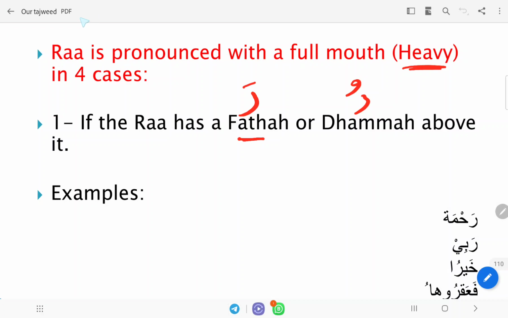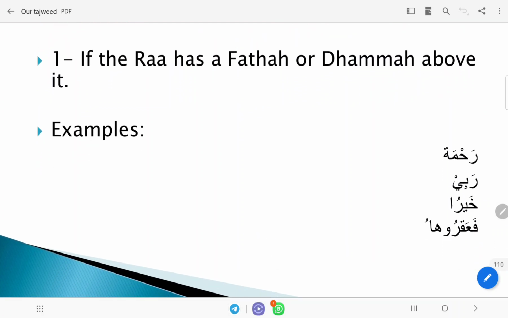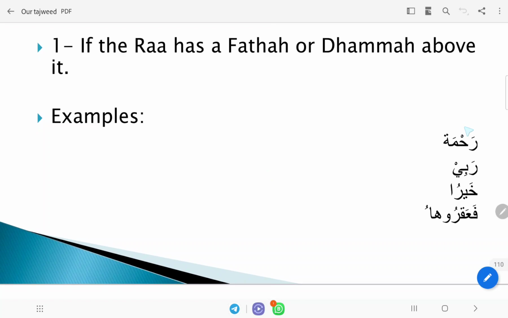Let's pronounce it in these examples. The first example, rahma. Here the ra is carrying fatha, and it is heavy. The next example is rabbi.